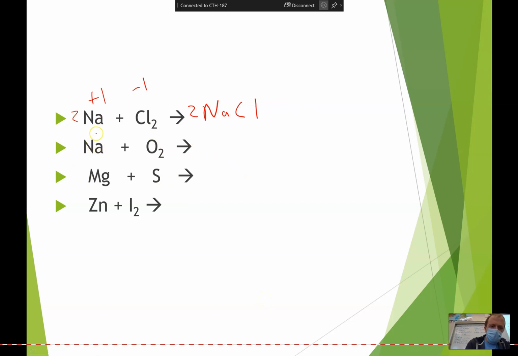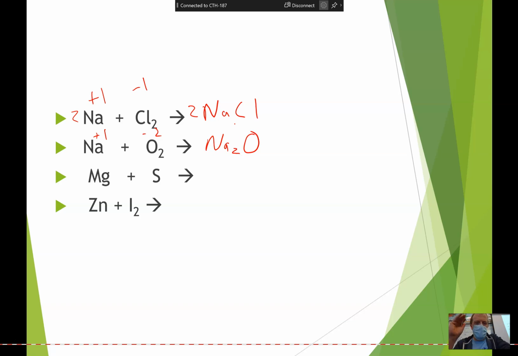So another example, this one's sodium. Sodium is +1, as we just saw. What charge does oxygen form? -2. So I would need 2 sodiums that are +1 apiece to match up with 1 oxygen.